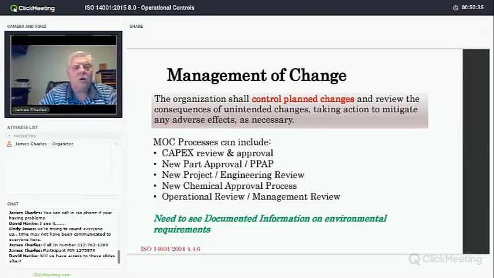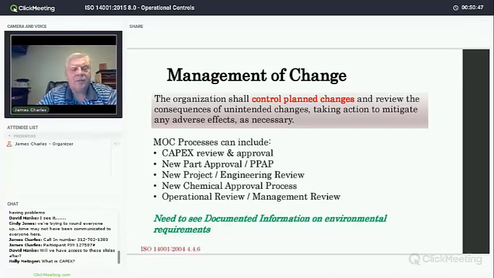Will it impact our performance goals and objectives? And will it require any new compliance obligations? Those are the three big things we're trying to understand as we go through a management of change. So if you keep those things in mind, and you can populate some notes and some check boxes to show an environmental consideration, that'll go a long ways.